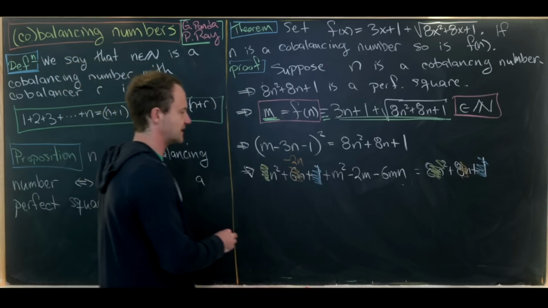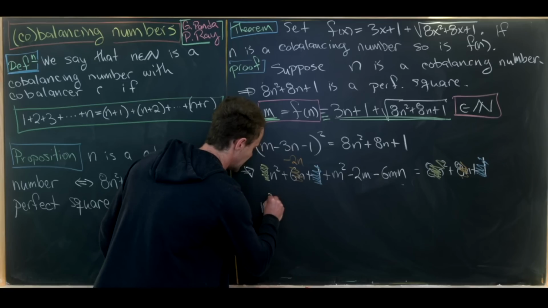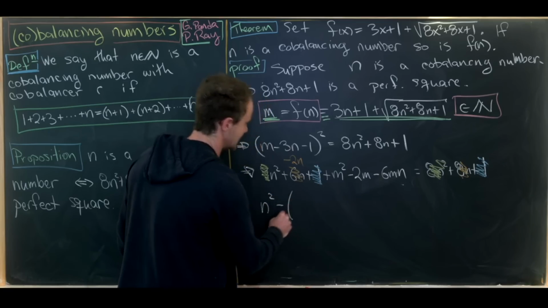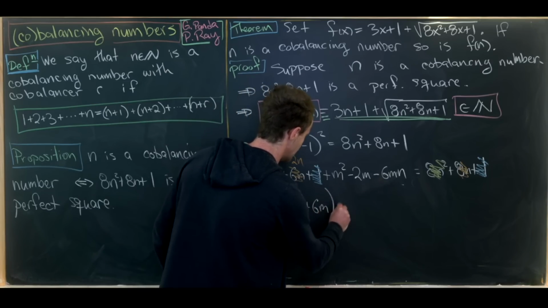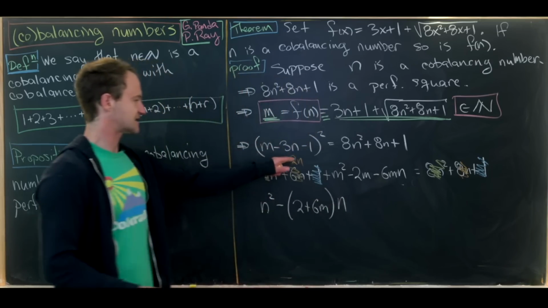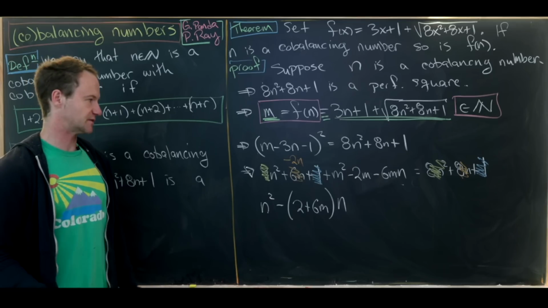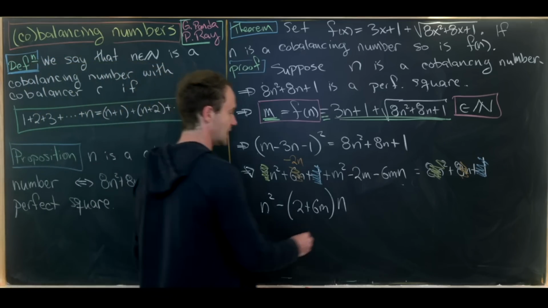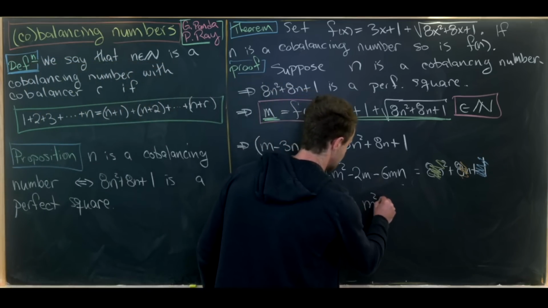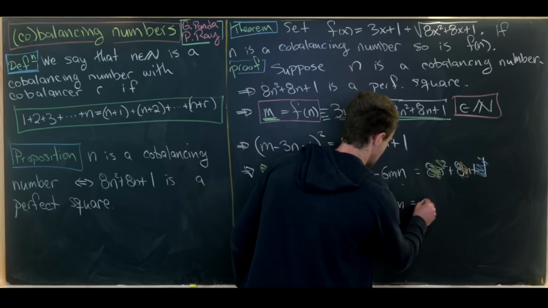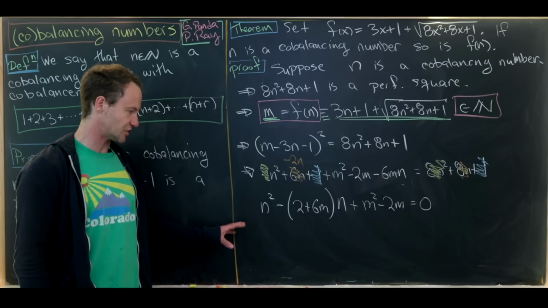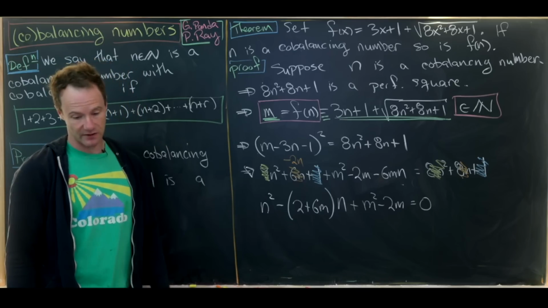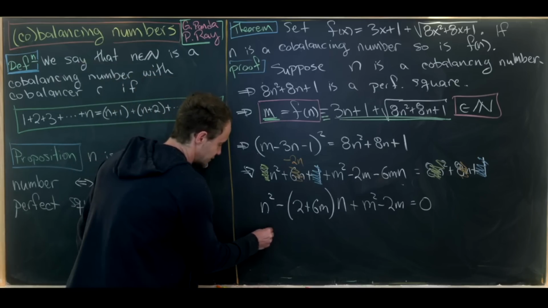Then we can start putting things together. So notice we'll have n squared minus 2 plus 6m times n. So that's collecting all of the n terms, the terms that are linear in n. And then we'll have plus m squared minus 2m equals 0. And now we can view this as a quadratic equation where n is a variable. And that'll allow us to solve for n.